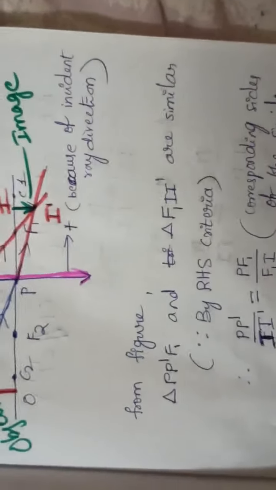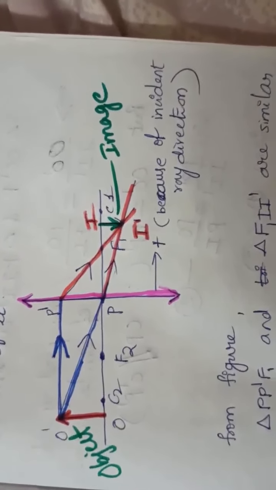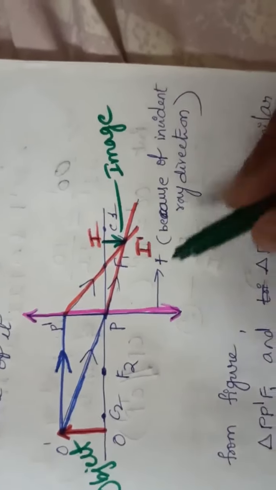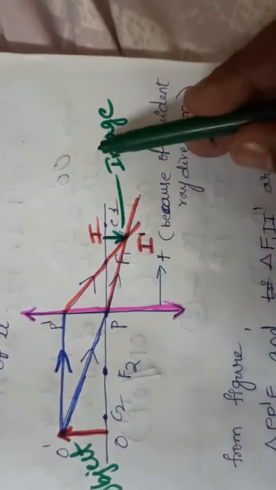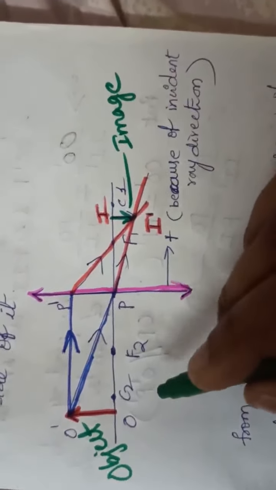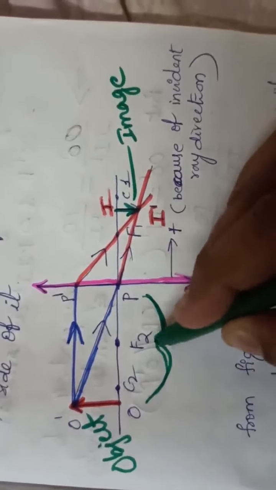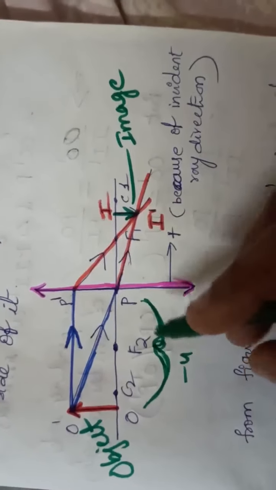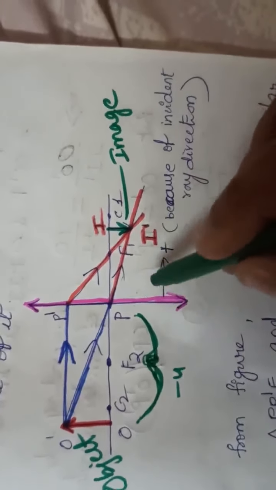So I think you got this. From the previous figure also, like that only, here we are taking the values on this side as positive. Why? Because the incident ray is going like this. Here OP is the object distance U, and in this direction we are taking values as minus.